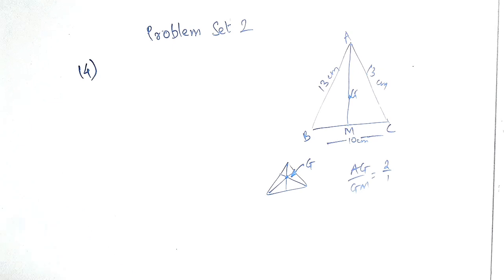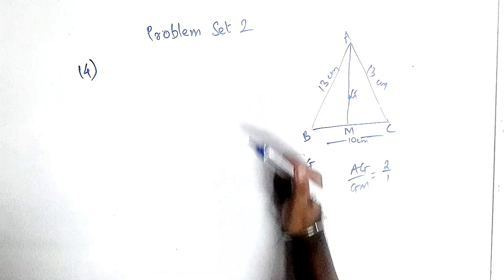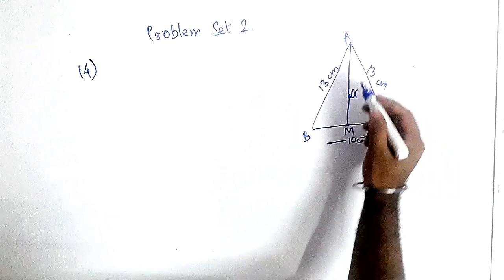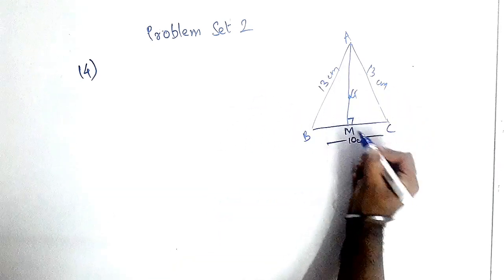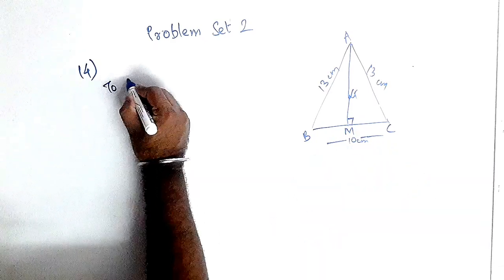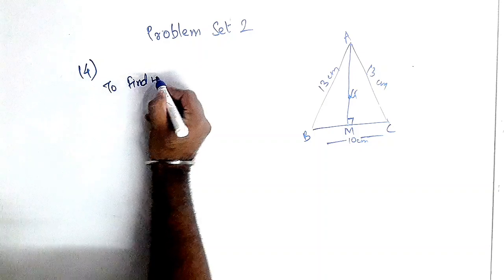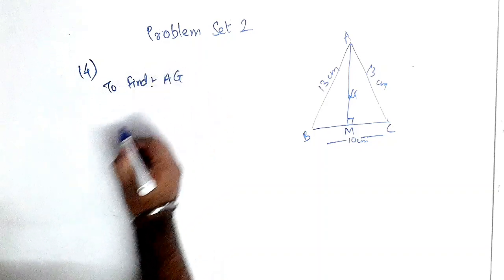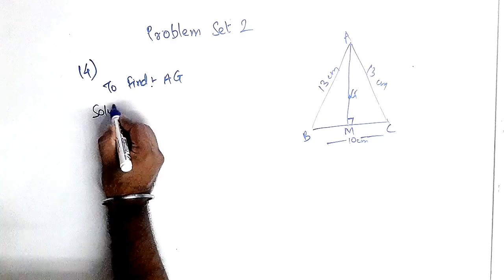So you can see this is an isosceles triangle. What we know is that this is the median. In an isosceles triangle, the median is also the altitude. So to find is AG. Solution.